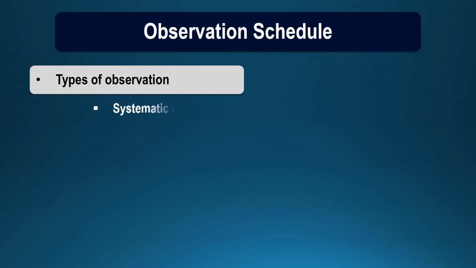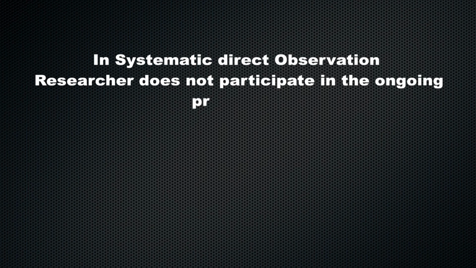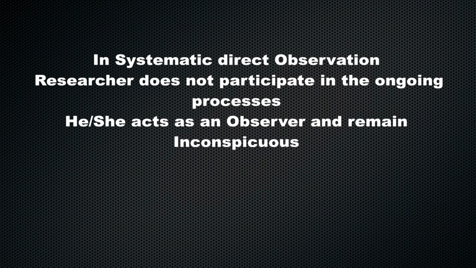There can be two different types of observations which can be made by the researcher. One is systematic direct observation, where the researcher does not participate in the ongoing processes or the activities. He or she acts as an observer and remains inconspicuous.